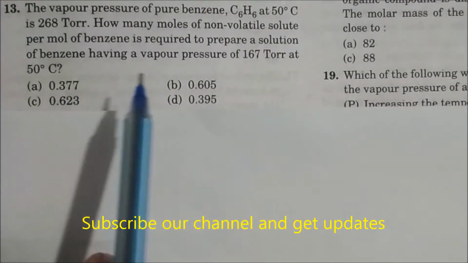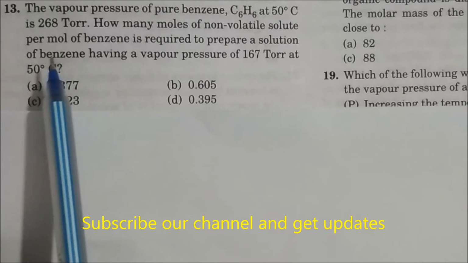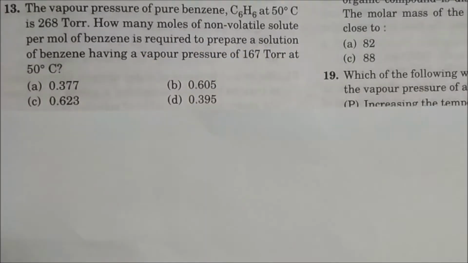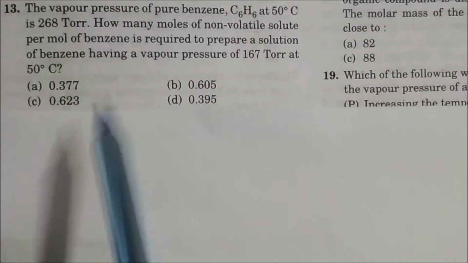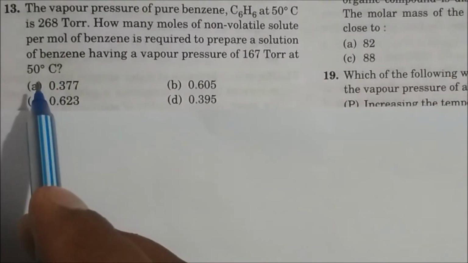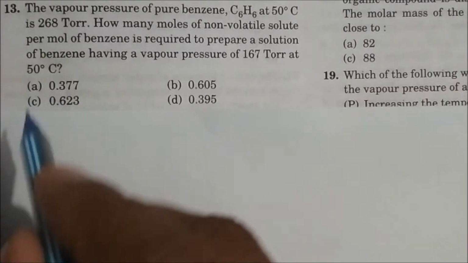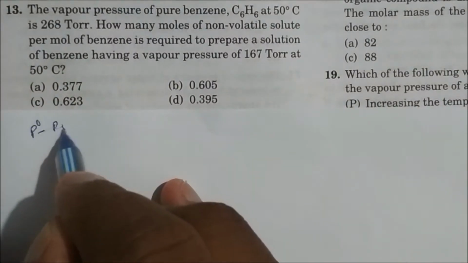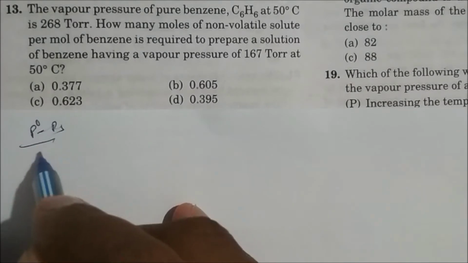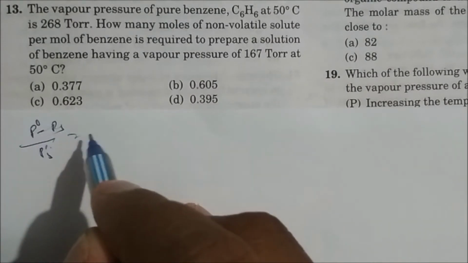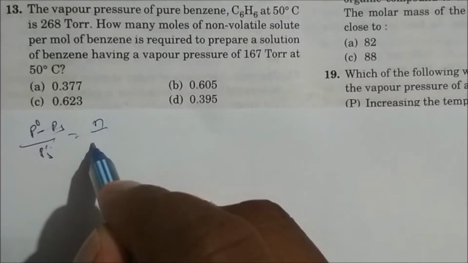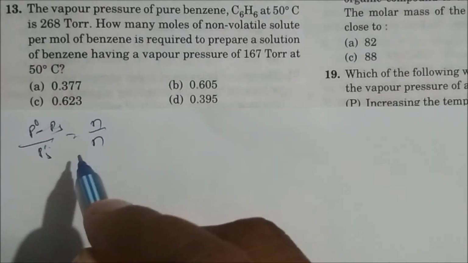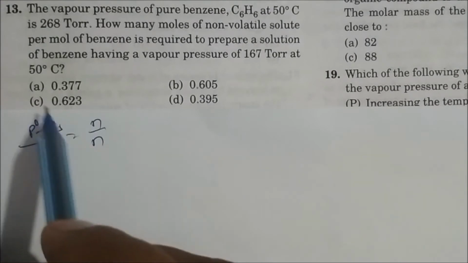The vapor pressure of pure benzene is 268 torr. How many moles of non-volatile solute per mole of benzene are required to prepare a solution of benzene having a vapor pressure of 167 torr at the same temperature, 50 degrees centigrade? We can use the pure vapor pressure P naught minus P_S, divided by P_S, which equals moles of solute divided by moles of solvent. So it is 268 minus 167, divided by 167, equals n moles of non-volatile solute for 1 mole of benzene.